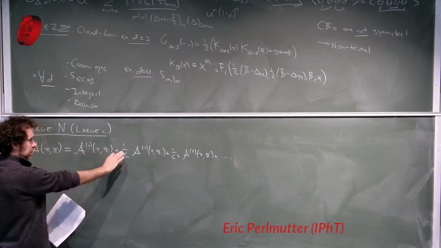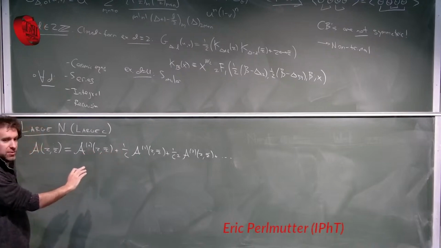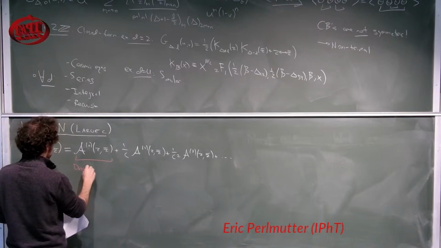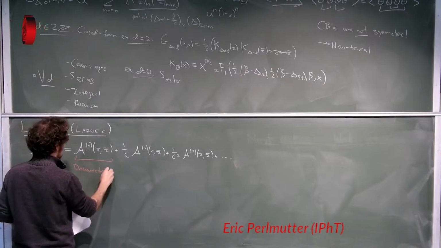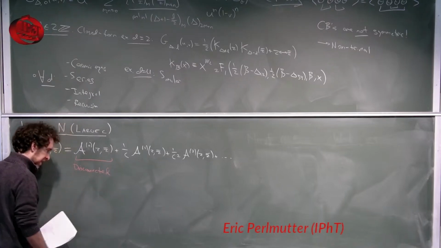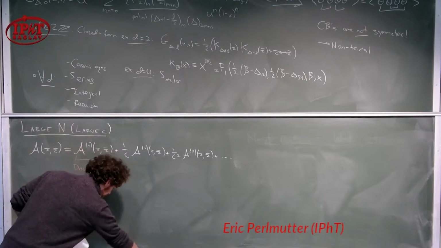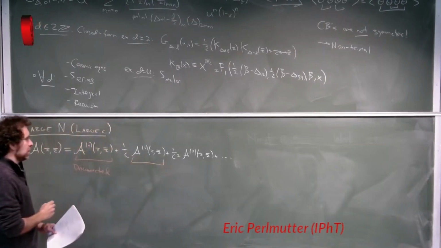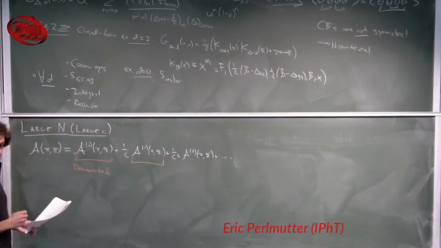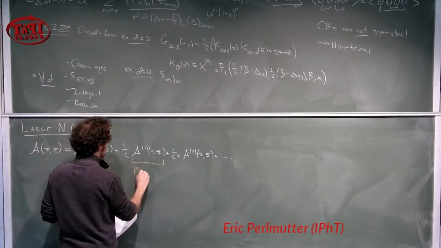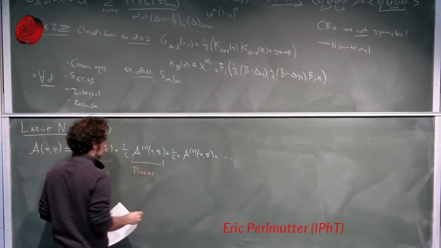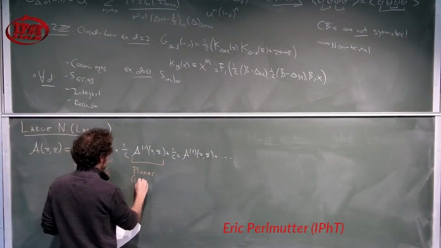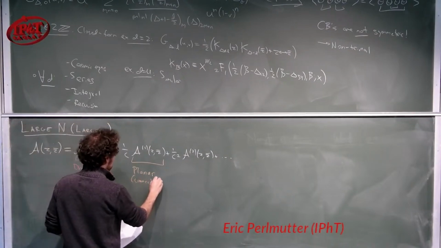The first term is the term that you get at infinite central charge. This is what you might call the disconnected piece. This here, the first non-trivial contribution to the connected correlator, is the planar 4-point function, connected.